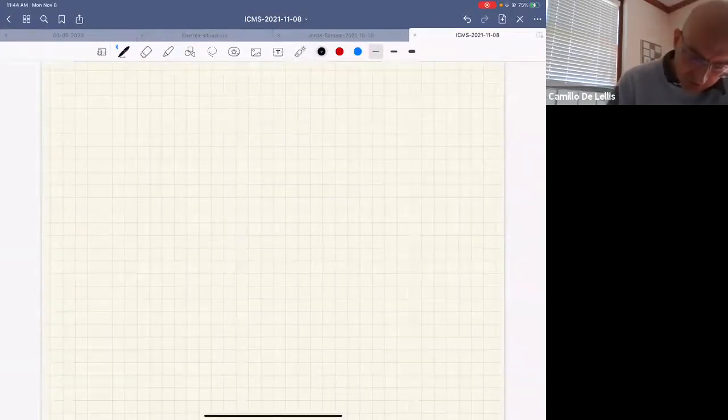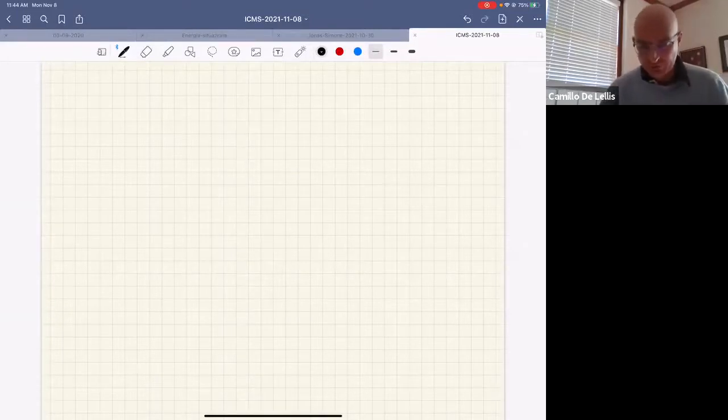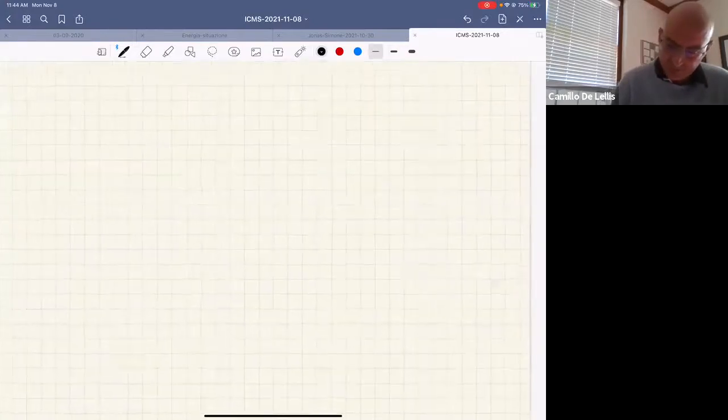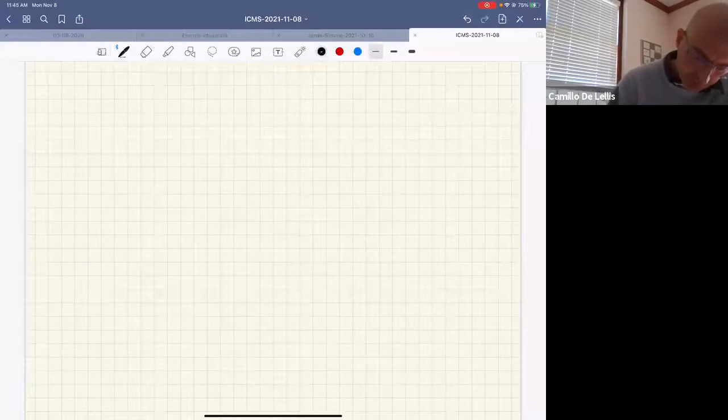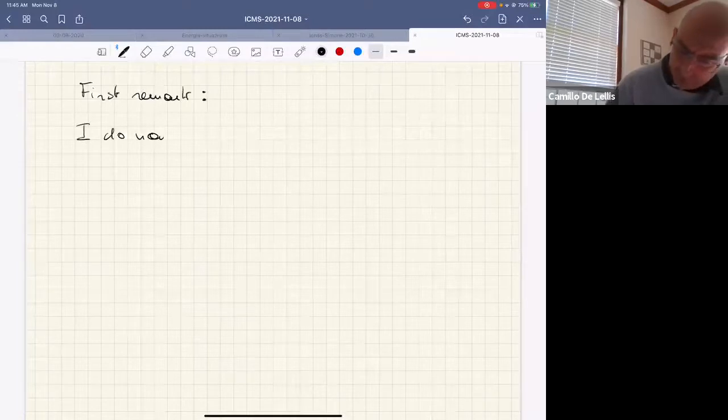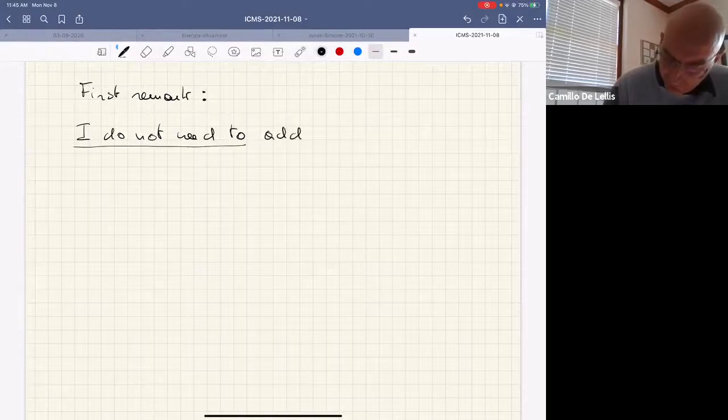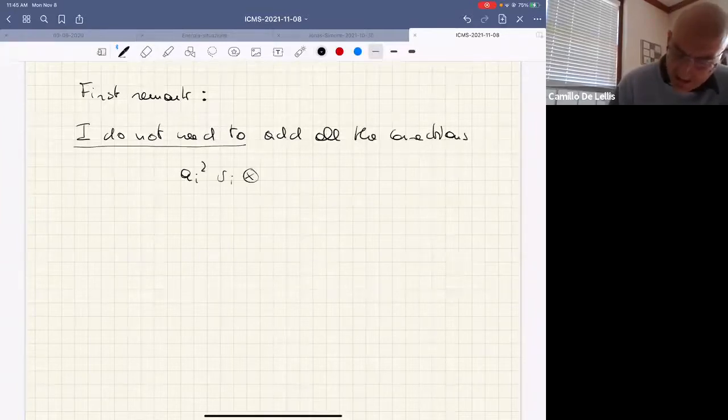But let me come to the question by Steven. So what happens when I want to lower the codimension? One first thing that you might notice is the first remark: I do not need to add all the corrections, A squared V_I tensor B_I, all together.